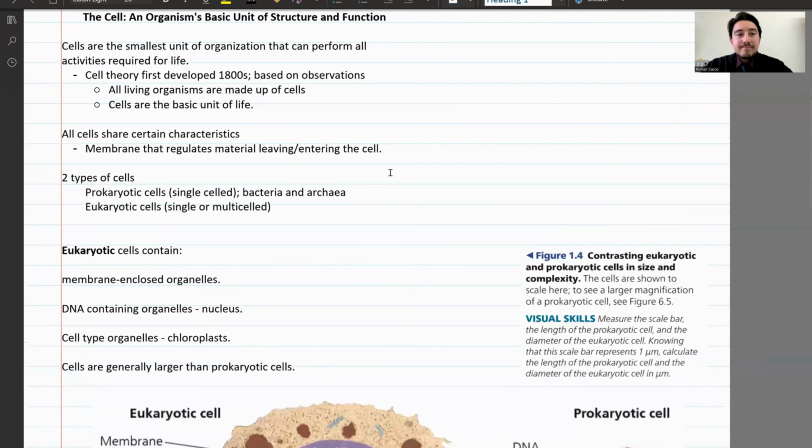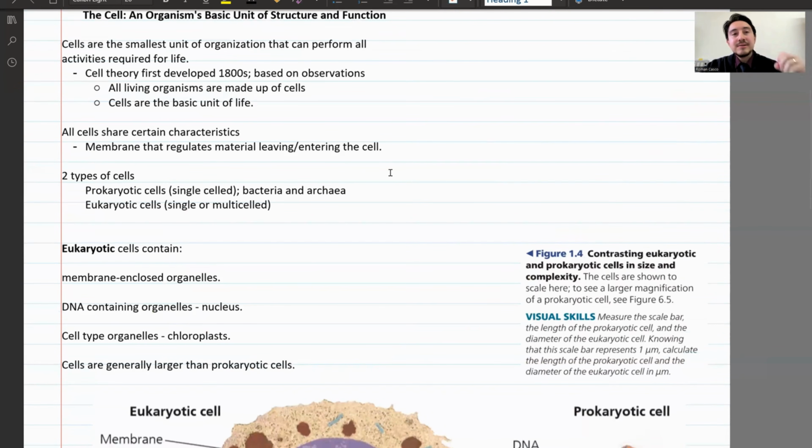Okay. So this idea that cells are the necessary structure for life comes about by the cell theory, first developed in the 1800s, based on many observations from scientists trying to figure out what we're made up of. And one of the components of this cell theory is that all living organisms are made up of cells, and the cell is the basic unit of life.